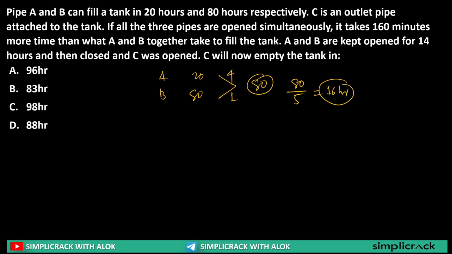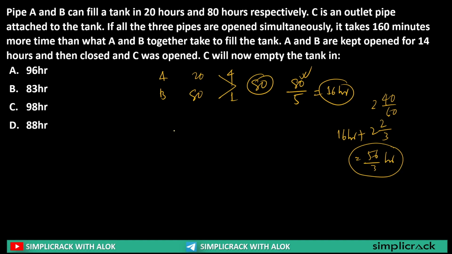Now it is taking 160 more minutes, that is 2 hours 40 minutes, 2 and 2 by 3 hours, plus 16 hours. So the total time it is taking is 56 by 3 hours. It is taking this much time to complete the whole task.